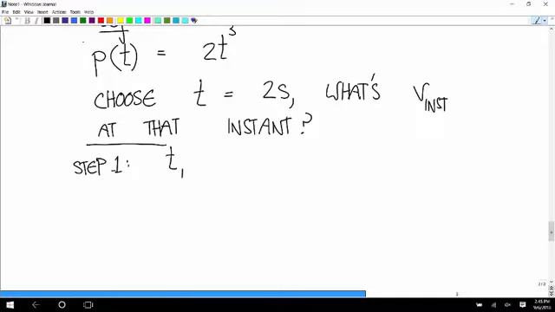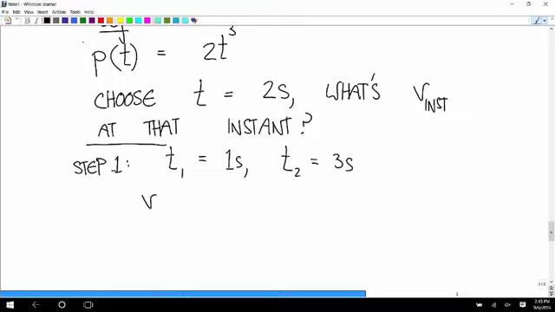So t1 is 1 second, and t2 is 3 seconds. And then we can use those to approximate the instantaneous velocity.